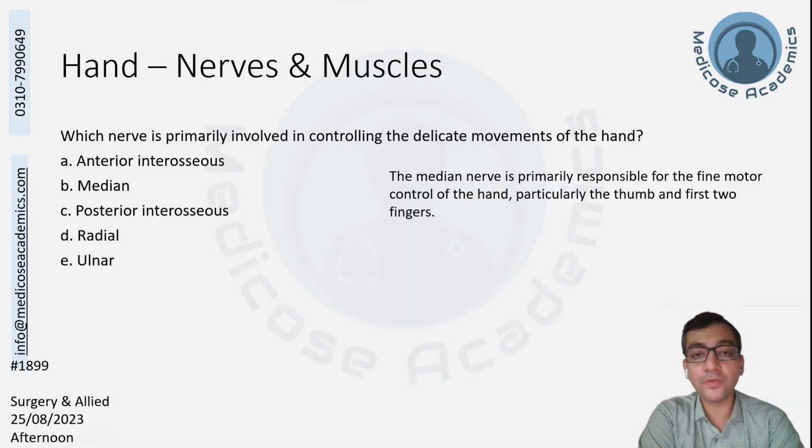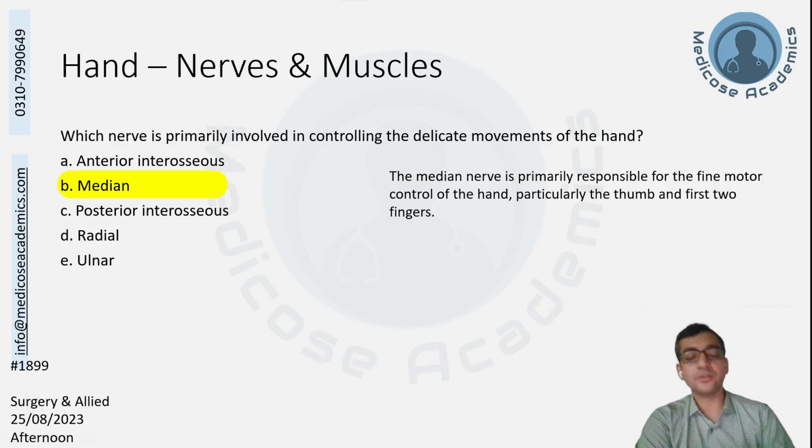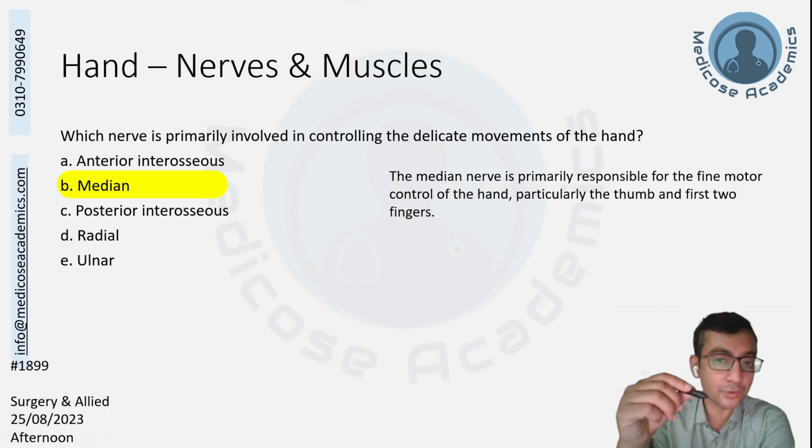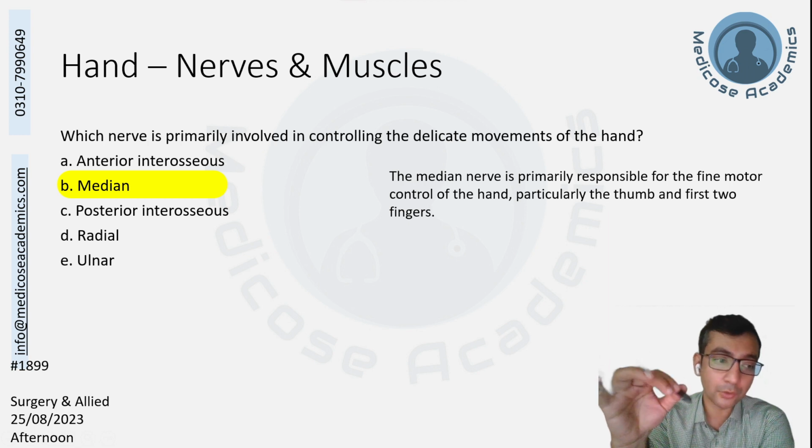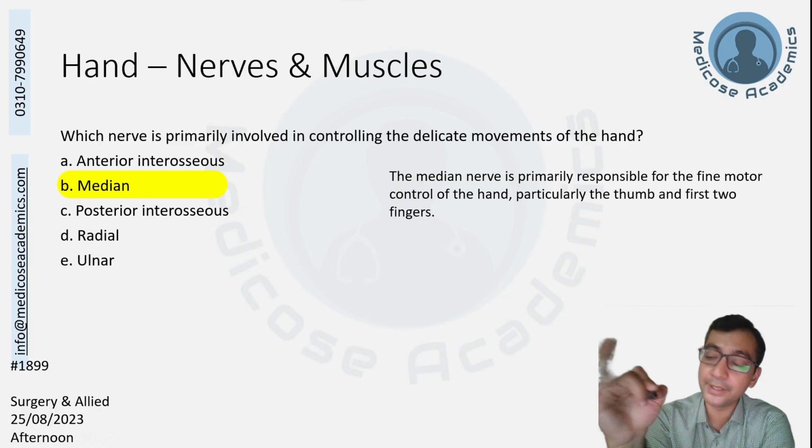Which nerve is primarily involved in controlling the delicate movements of hand? Mostly go for median nerve. And this question is again not posed very clearly, but delicate movements usually involve thumb and finger, like when you are writing. The lumbricals are controlling these two, and the thumb opposition is by median nerve.